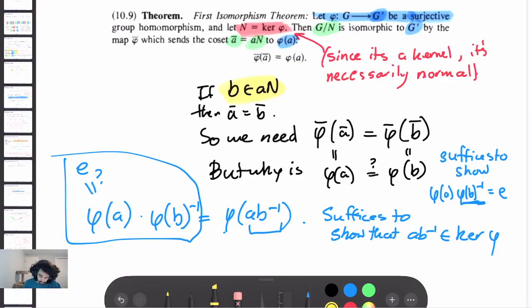So we can use that b equals a times n for some n in N. I made life hard for myself with these notational choices, but let's do it.